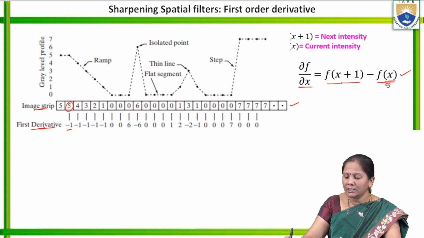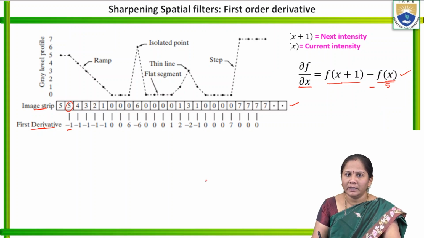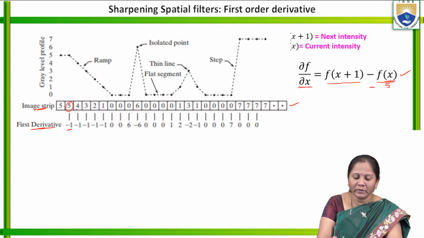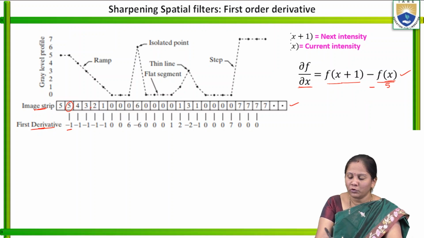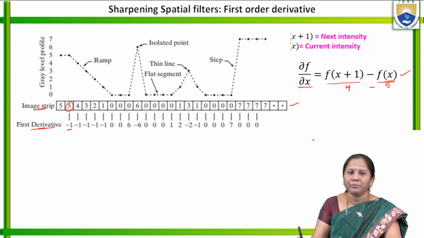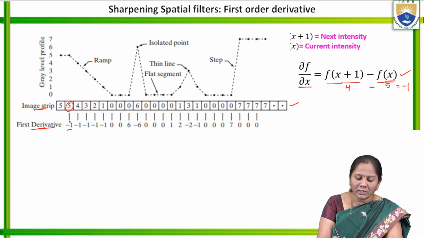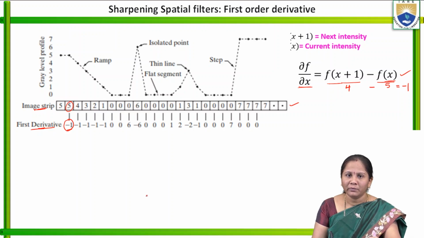So let us consider here the 5 as the current intensity, applying into this formula. F of x plus 1 is the next intensity. After 5 we have 4. So 4 should be taken as the next intensity. So whatever the value we are getting, 4 minus 5 here is equal to minus 1. So that's why here we are getting the first order derivative minus 1.